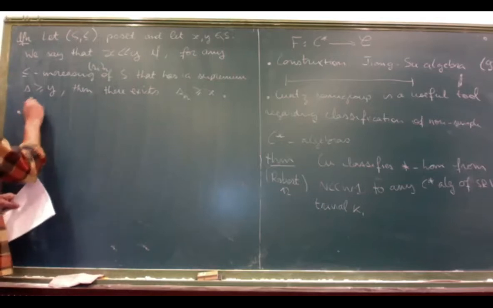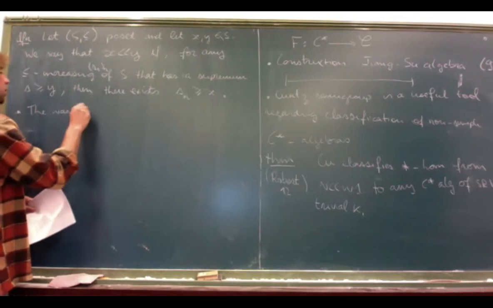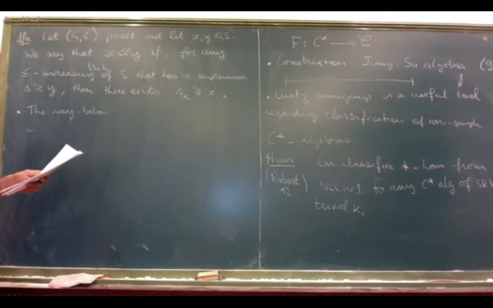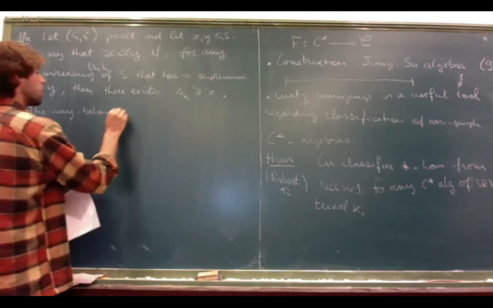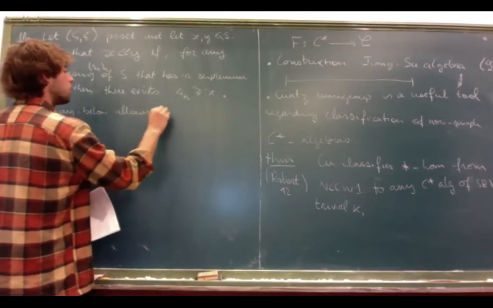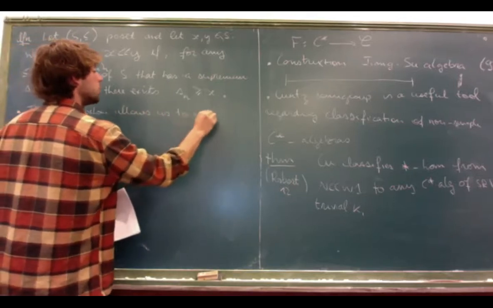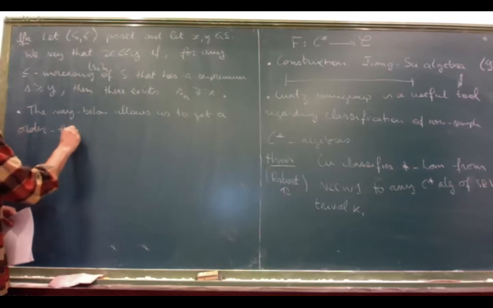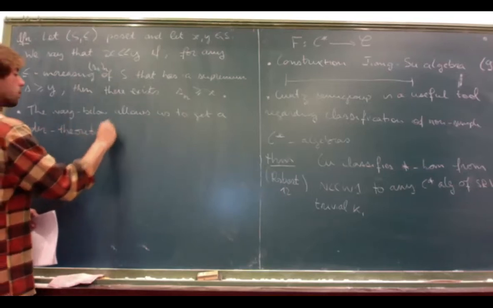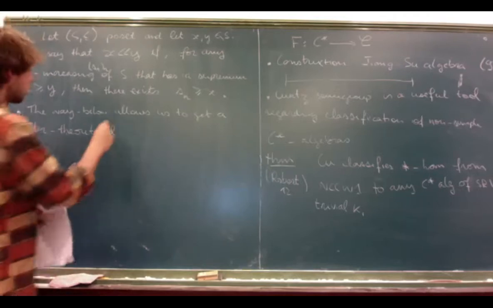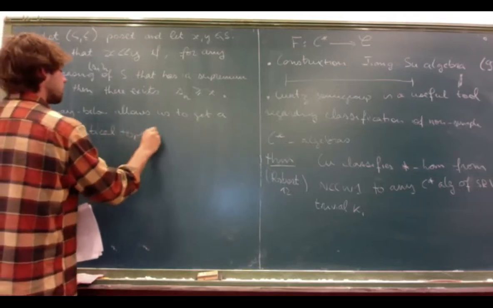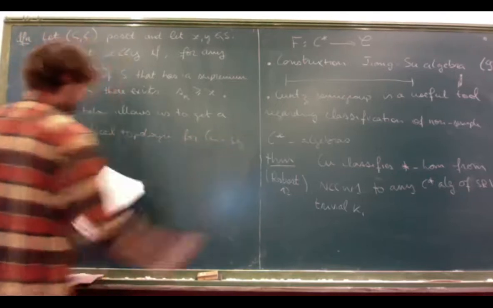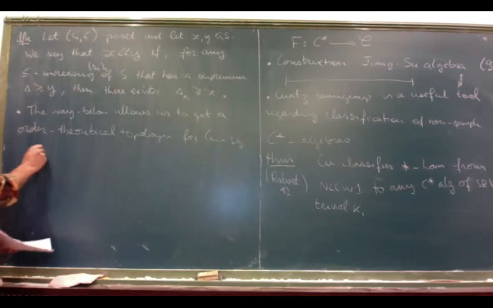Okay, so the way below relation, or else called compact containment relation, allows us to get the topology. So it's an order theoretical topology for Cu semigroups. Okay, and let me give you some examples.